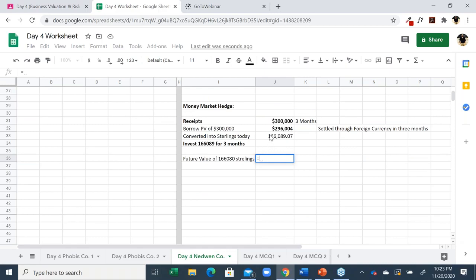Okay, the amount is 166,089 into 1 plus 4.6% divided by 4 to get it per quarter rate, raised to the power 1. It should always be 1. That's it. And that's sterlings in 3 months time. So what are we going to have after 3 months in pound sterling? This is the amount that we are going to have in pound sterlings.